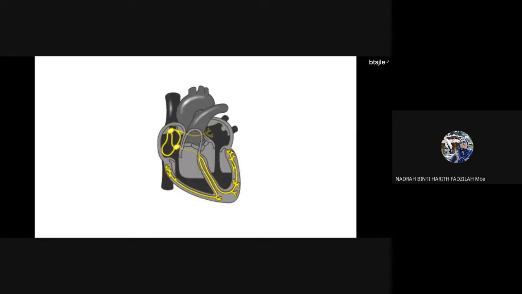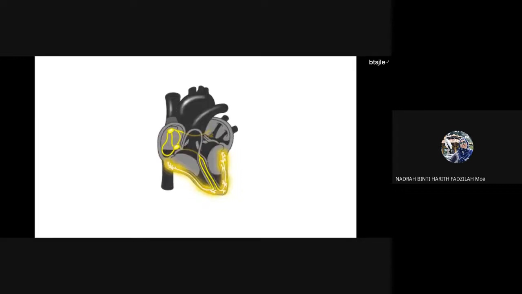Kita nampak kat situ dari AV node nak pergi sampai ke Purkinje fiber tu, dia ambil masa sikit untuk membolehkan maximum amount of blood enters the ventricle. Barulah bila impuls dah sampai Purkinje fiber, barulah ventricle contract.